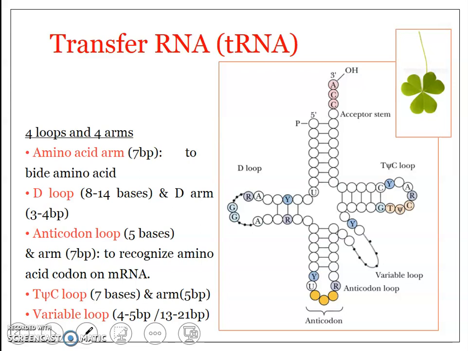The acceptor arm terminates in a very specific nucleotide sequence. It is referred to as CCA. Okay, and the nucleotides CCA in this sequence are added post-transcriptionally.